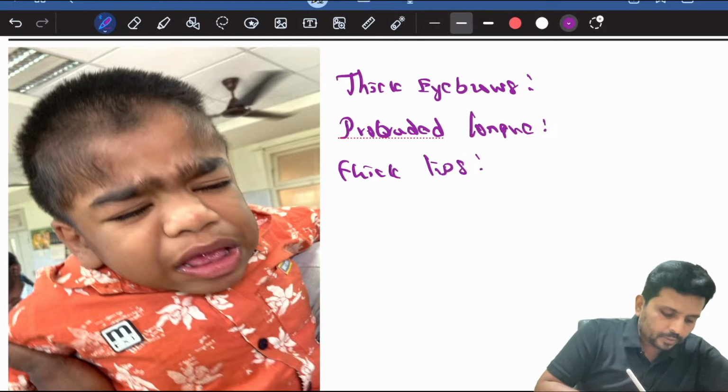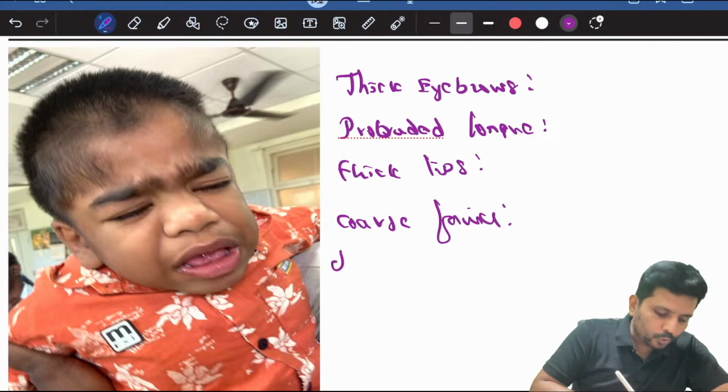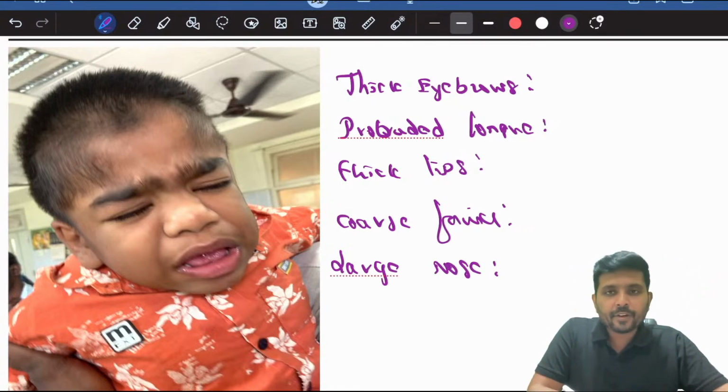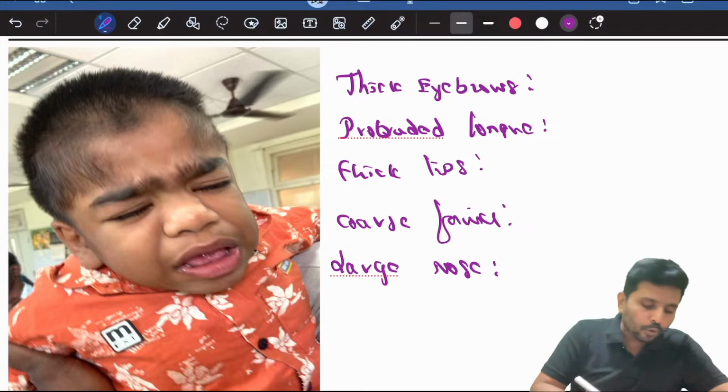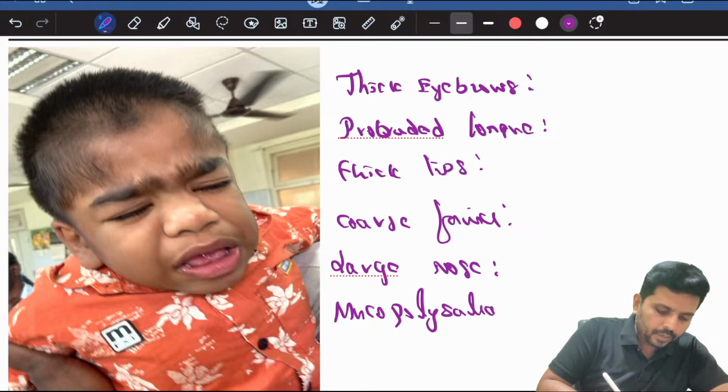And look at this, coarse faces. And then large nose. So these points are in favor of a disease called mucopolysaccharidosis.